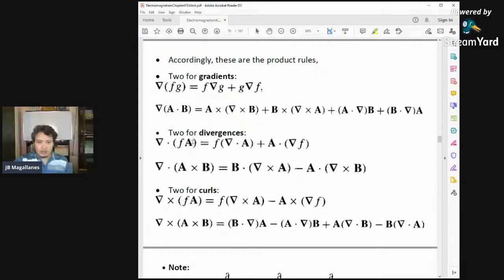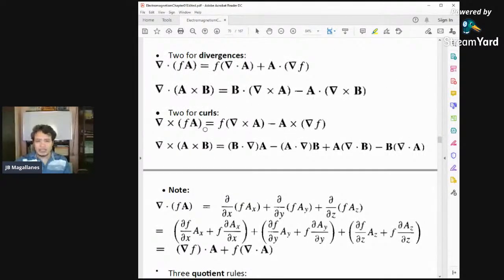You also have this rule. You have this rule also. And for the triple product, you have a del. This is the backup rule. For the curls, you can also have this identity.